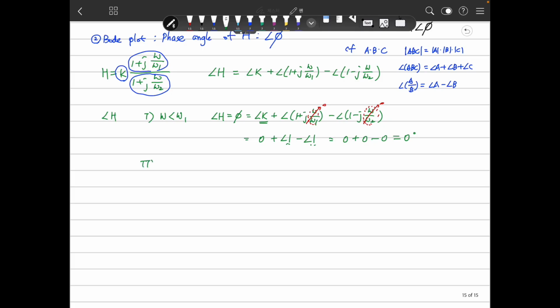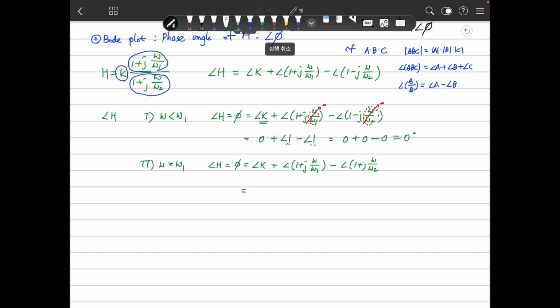And second, omega is on the omega 1. Then the phase of H is actually K plus 1 plus J omega 1 omega, minus 1 plus J omega 2 omega here.